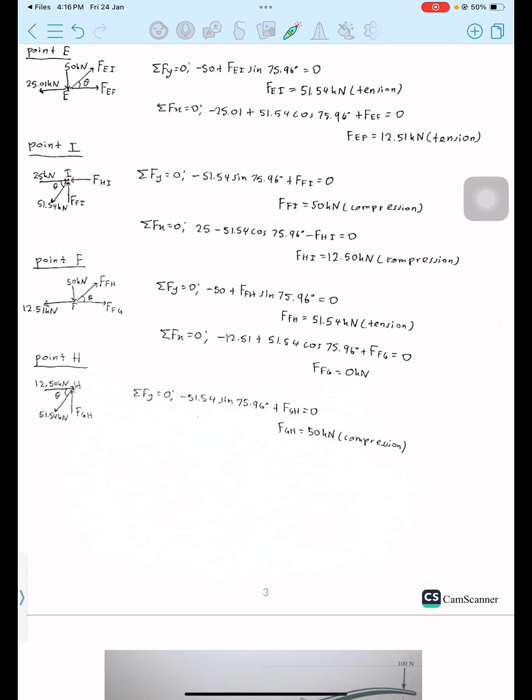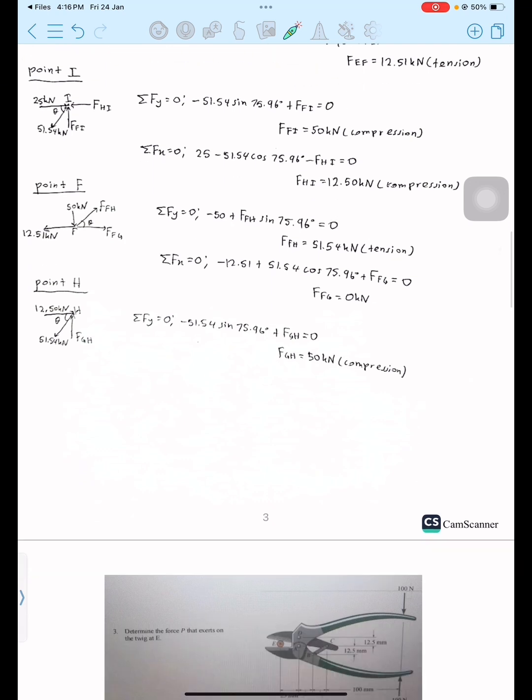So the summation of Fy equals 0, we will get negative 50 plus FFH sin 75.96 equals 0. The answer will be FFH equals 51.54 kilonewton, and it is tension. For summation Fs equals 0, we will have negative 12.51 plus 51.54 cos 75.96 plus FFG equals 0. The answer will be FFG equals 0 kilonewton.